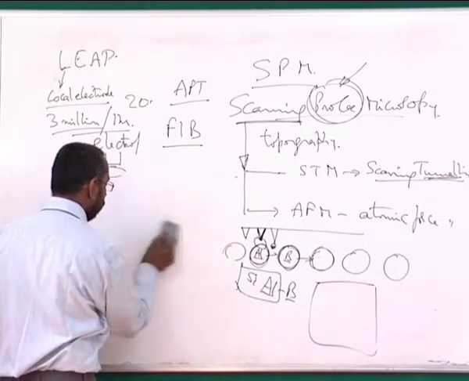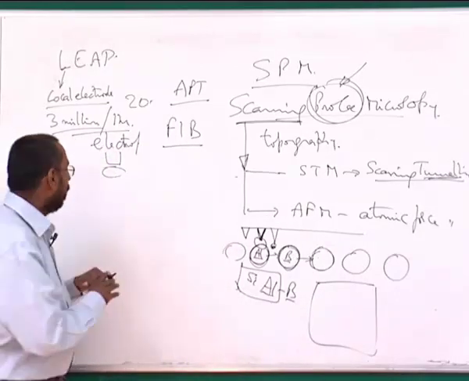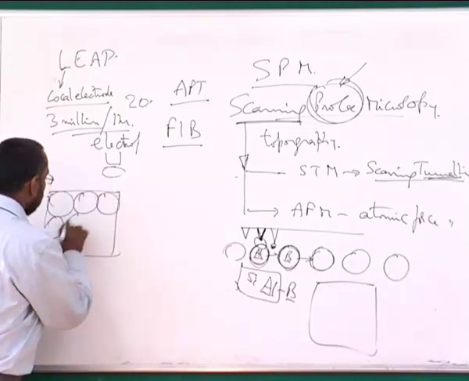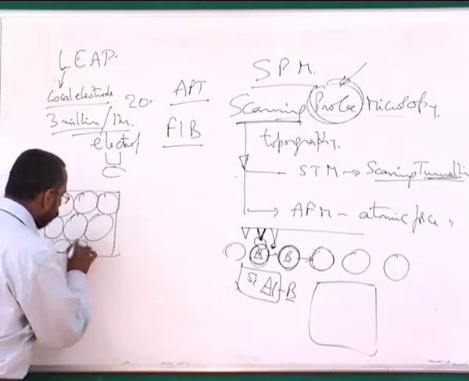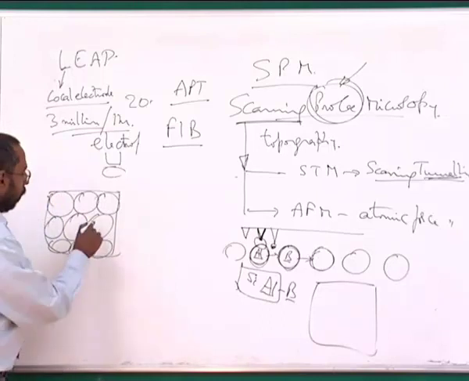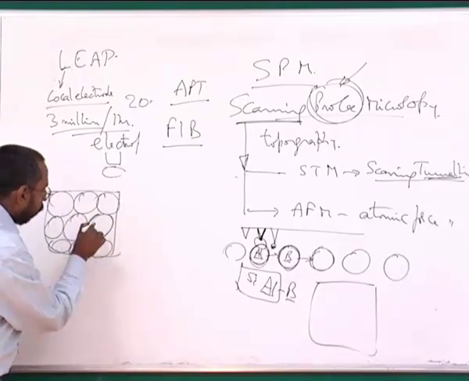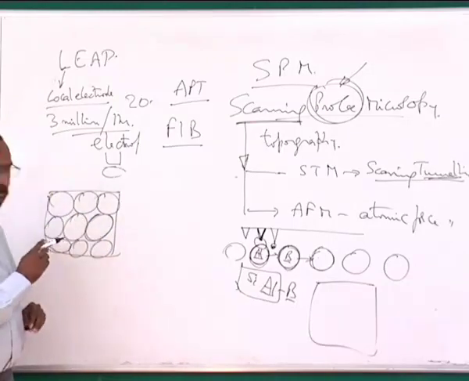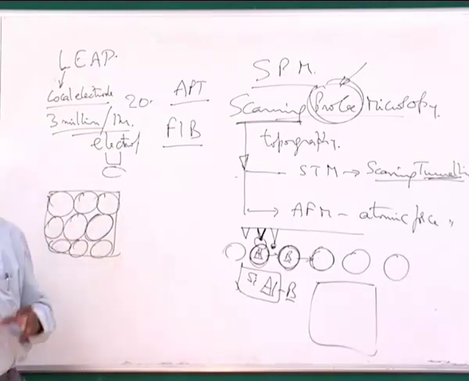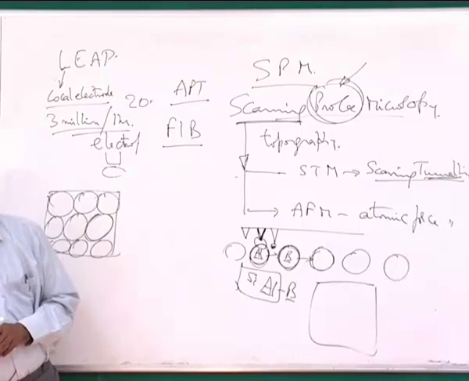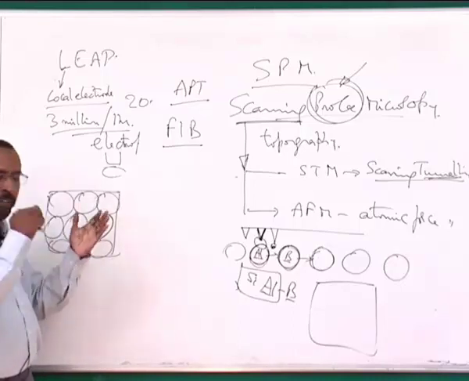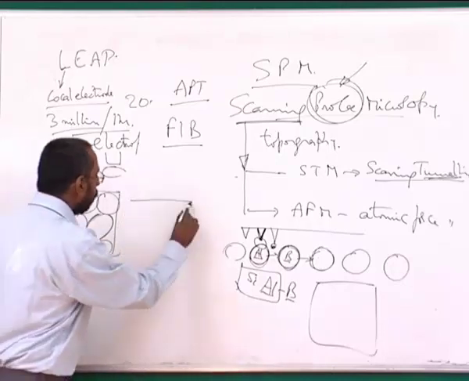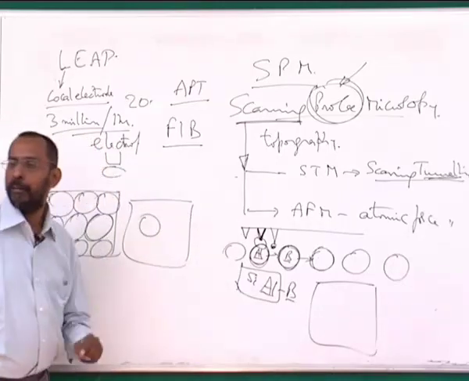If you have a surface on which you have atoms, people are able to use this scanning tunneling microscope to bring a tip very close to the surface, and when it comes very close, it can actually pull out this atom from that surface by the force of attraction between the tip and this atom, and then lift the atom and put it on some other surface.